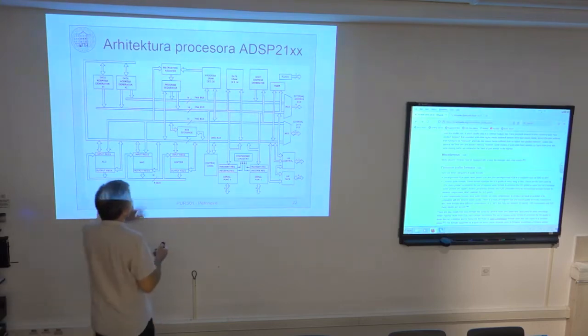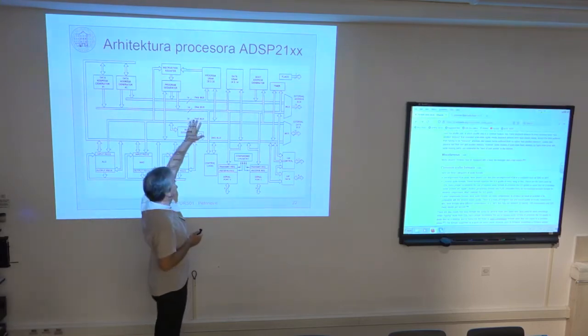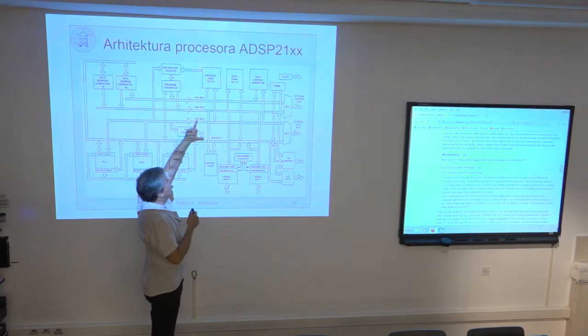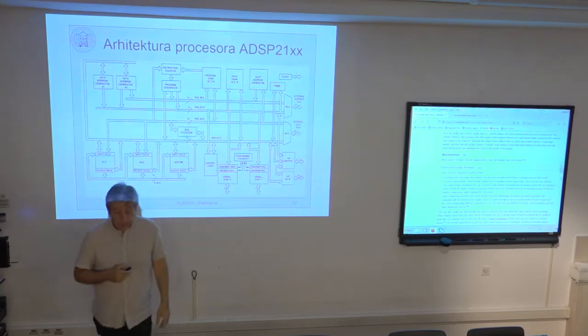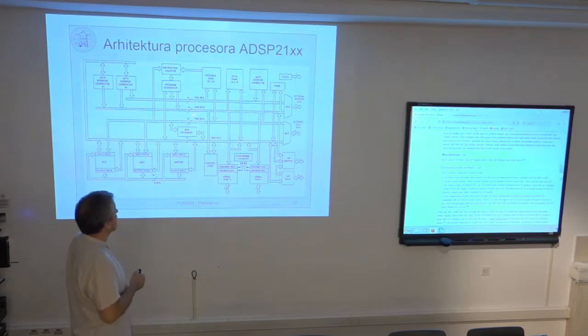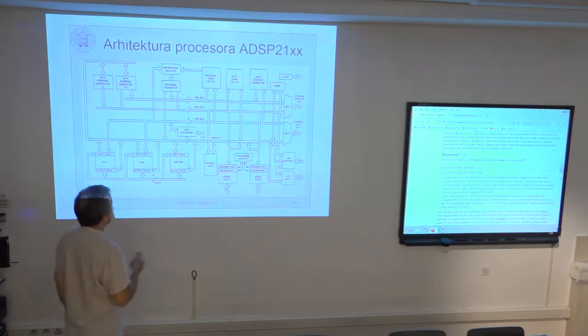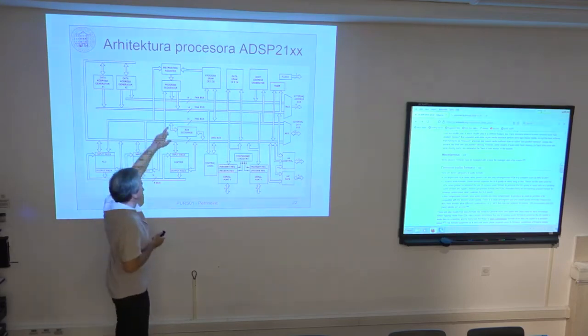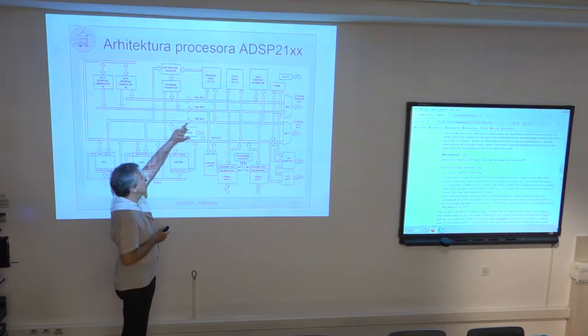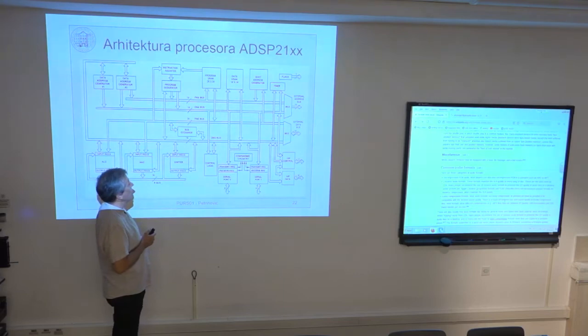But if you use this program memory for data fetch, for example, for fetching the coefficient of the filter, in this case, I use only 16 bits of this 24-bit value. So 8 bits are discarded or not used for data transfer. But if the instruction is transferred over this program memory data bus, then all 24 bits are used.